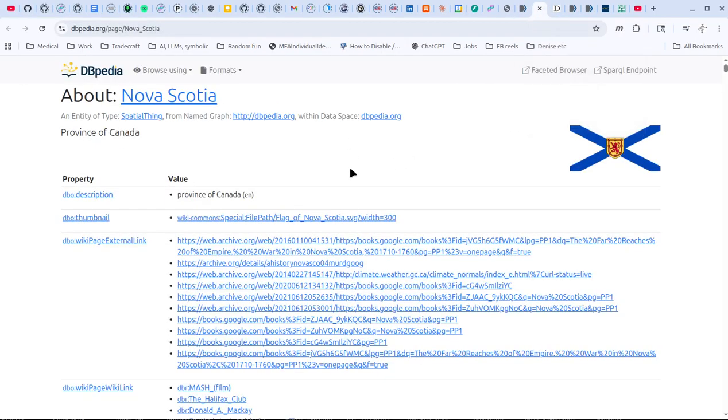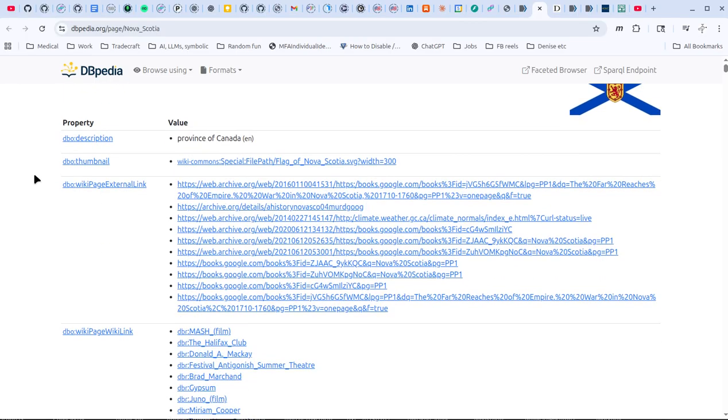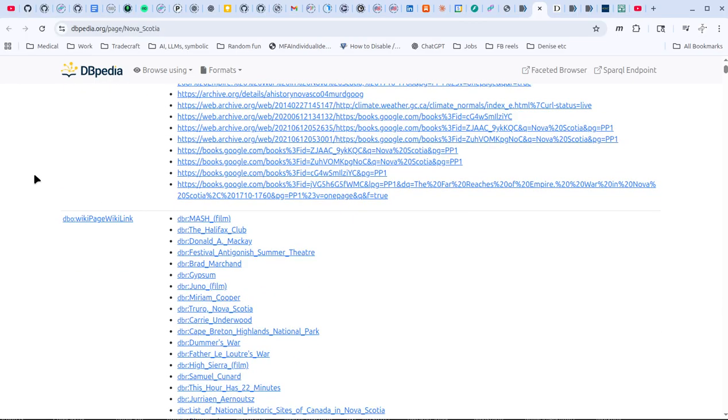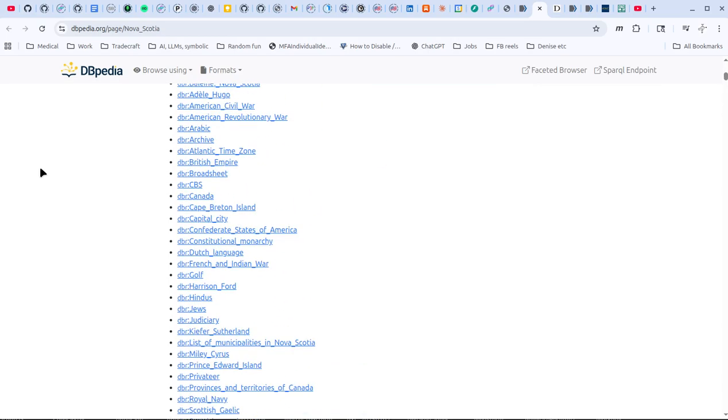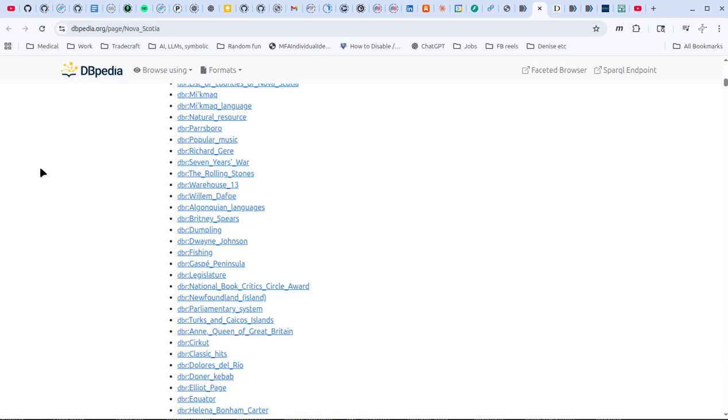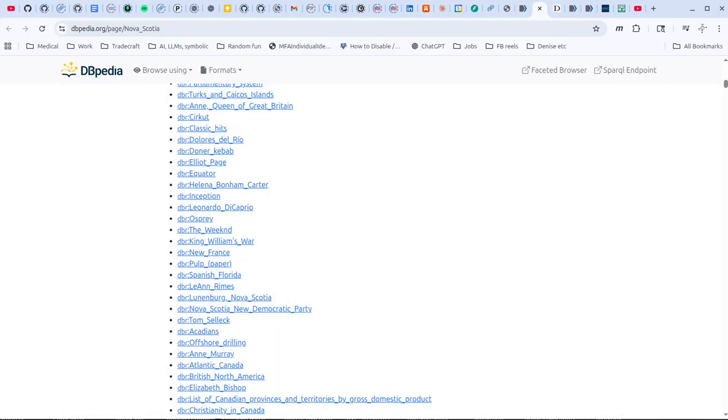And here we have a DBpedia article. So DBpedia is part of the Linked Data Initiative, and it's derived from the information on Wikipedia, but it puts it in a form that it's all linked in a machine-readable way. So we have all these things that have to do with Nova Scotia. So that's fun.